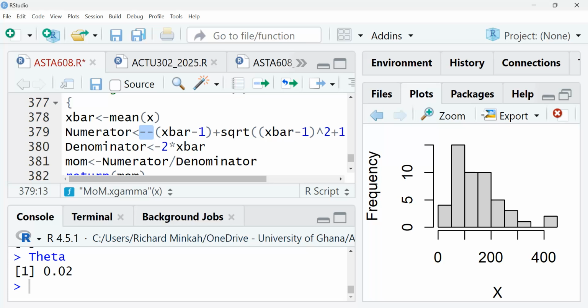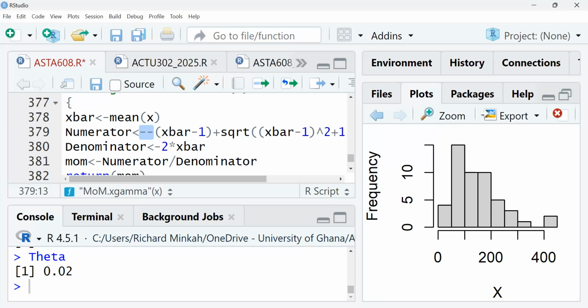You are using small letter. Yes, you have to rerun it. So if you see object not found, then it means X, small letter and the capital letter.